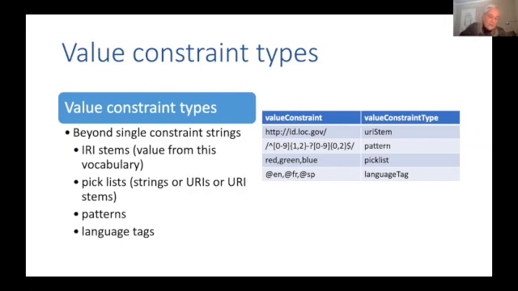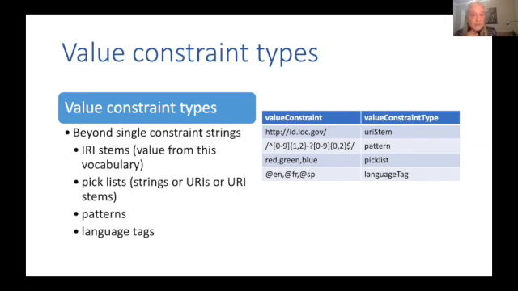Assuming that, in order to refer to them, they would need to be IRIs or URIs, we've created a value constraint type called URI stem, in which you would give the URI for the list, and then what would be valid would be any element from that list.